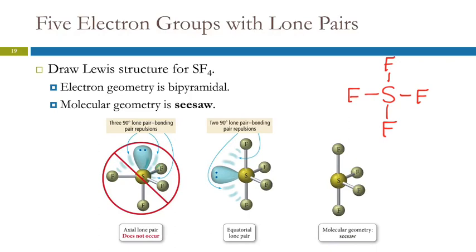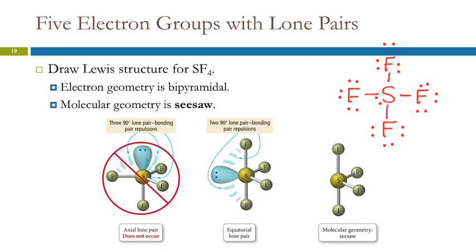We've got to look at the total number of valence electrons, and we have to look at formal charges. So what we'll ultimately end up with here is a lone pair on the sulfur. This Lewis structure has 0 formal charges. So we have a lone pair and 4 bonding pairs, and so that's a total of 5 electron groups.